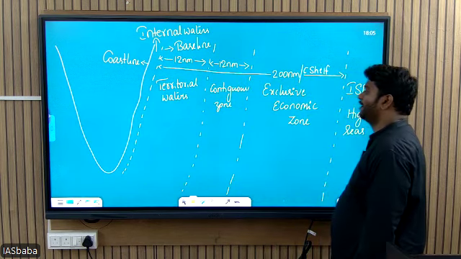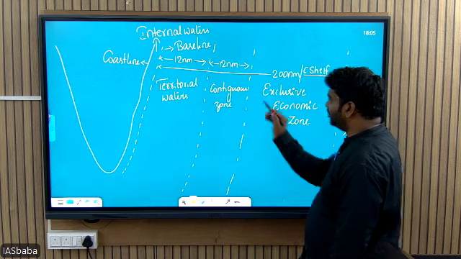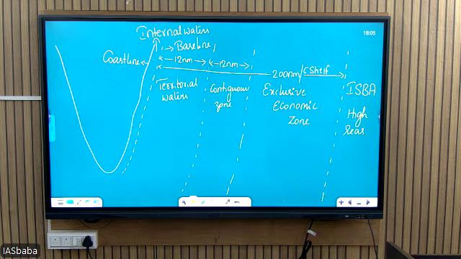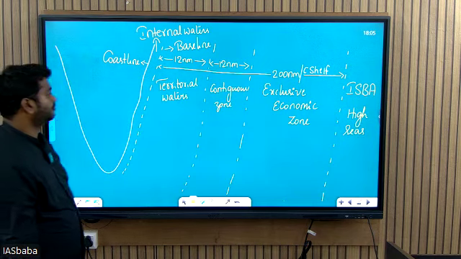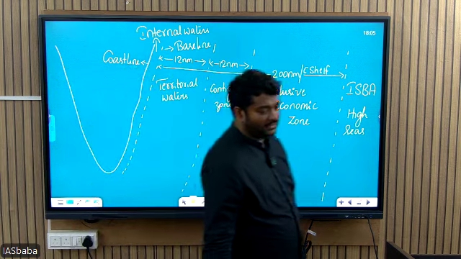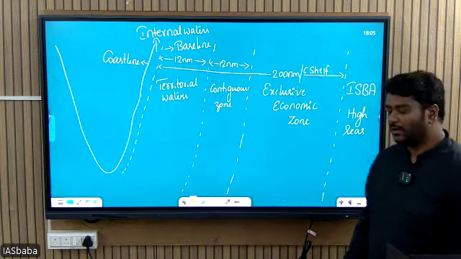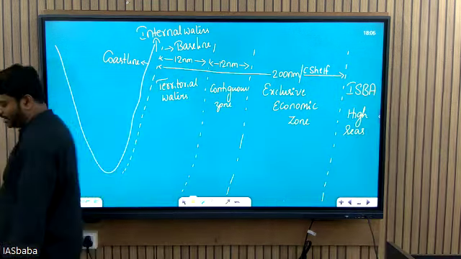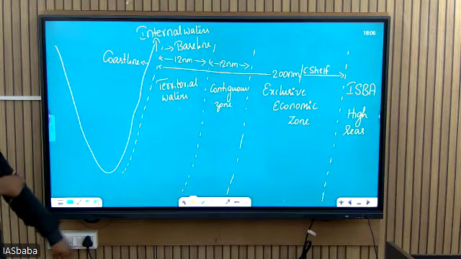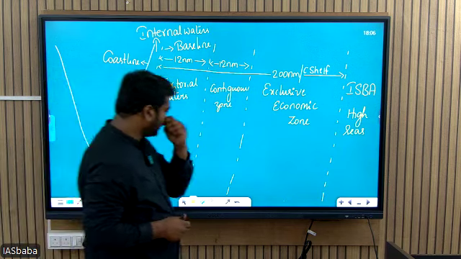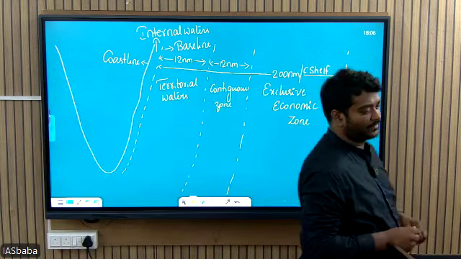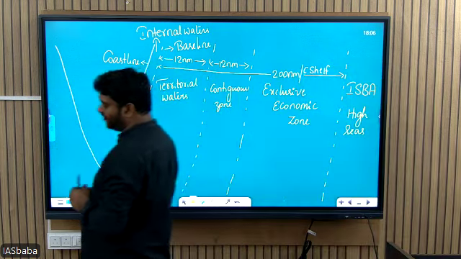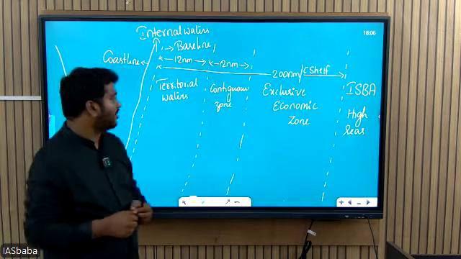Next, contiguous zone. Hyphen. It is 12 nautical miles from territorial waters and 24 nautical miles from the baseline.